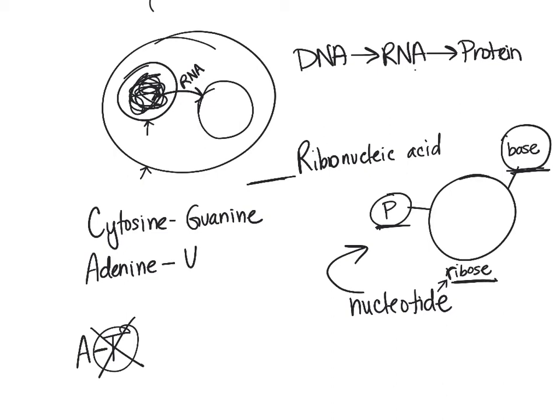Instead, we have uracil. So instead of A and T, we now have A and U matching up. And we still have the C and G matching up. Okay, so those are our differences between our DNA and our RNA.